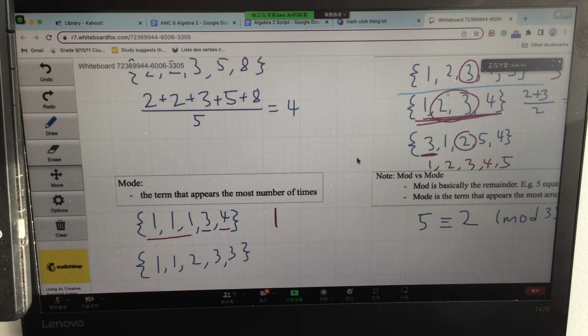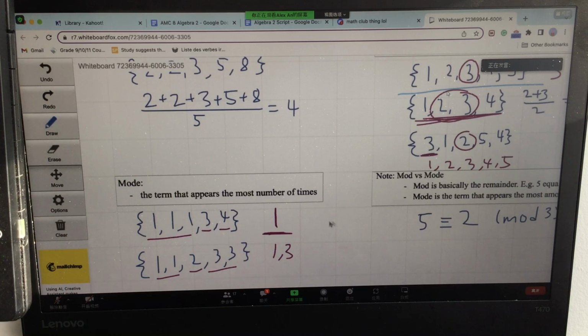In this case, 1 and 3 both appear 2 times, while 2 only appears once. So both 1 and 3 are the mode, because they both appear the same number of times, and the most number of times. In the case where there's only 1 mode, it's called the unique mode.